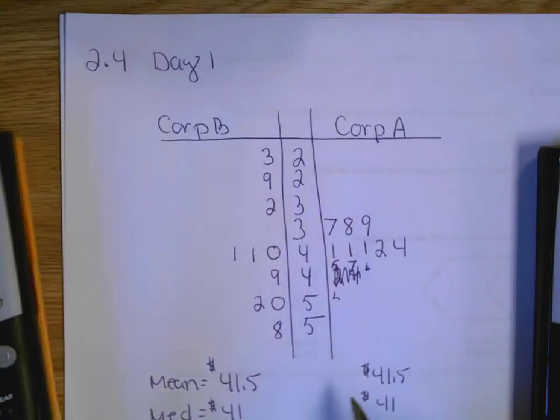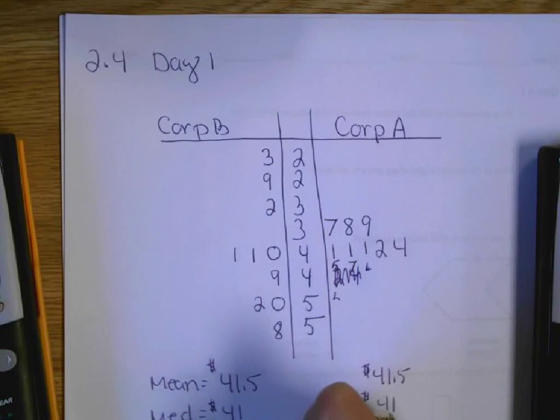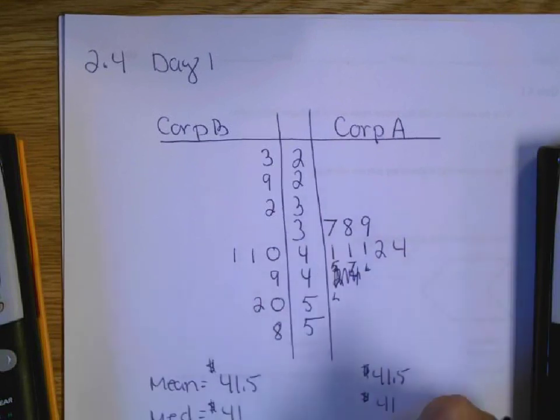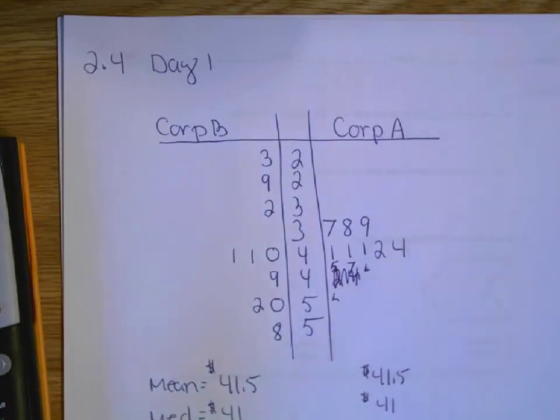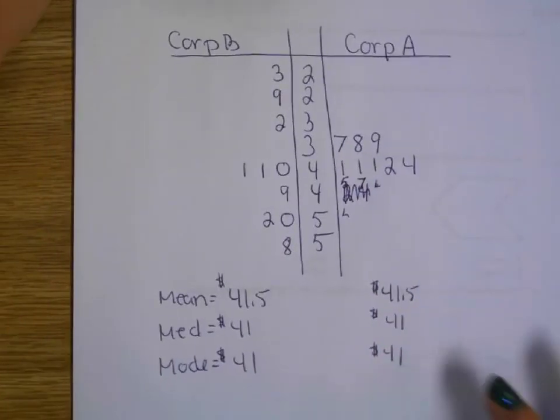And the mode salary is the one that occurs most often, and if you look, this one's got $41,000. Again, 3 41s there.